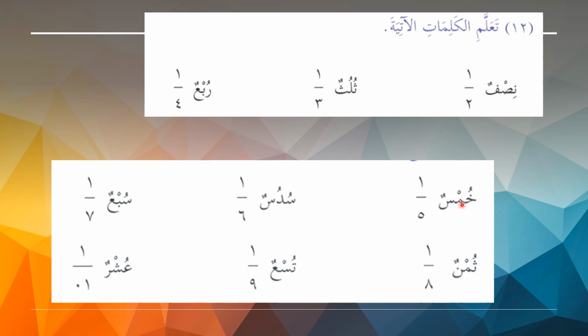Khums from khamis, khamsa, 1/5. Sudus from sadis comes the 1/6. Subu'un from saba' comes from the 7th, the 1/7. Thumnun comes from thamin, 8th. Tus'un comes from tis'a, and ushrun comes from ashir or ashra, it is the 1/10. So this you need to memorize.